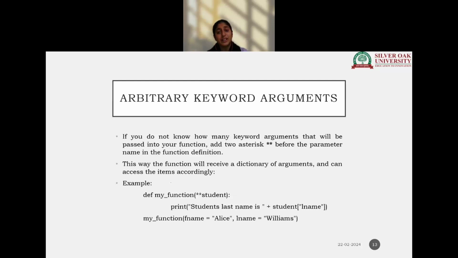Because if we fix the number of keywords in the definition, we need to pass that many keywords in the function call. So instead, we don't fix the keyword arguments in the definition. We put 2 asterisk marks, and then that argument behaves as a dictionary argument. That means it is accepting the arguments in the form of the dictionary data type.